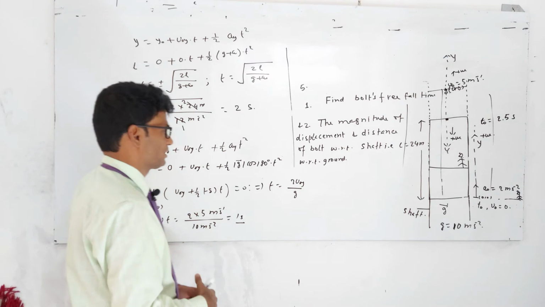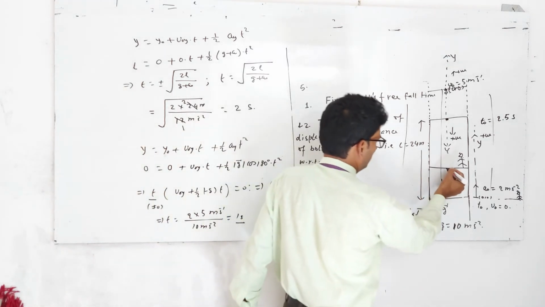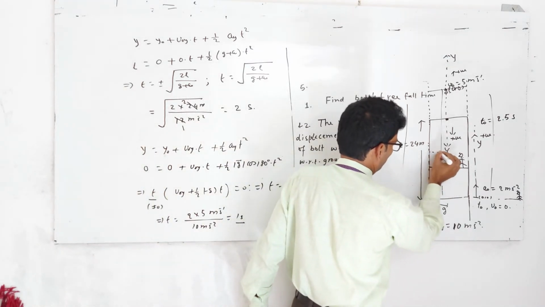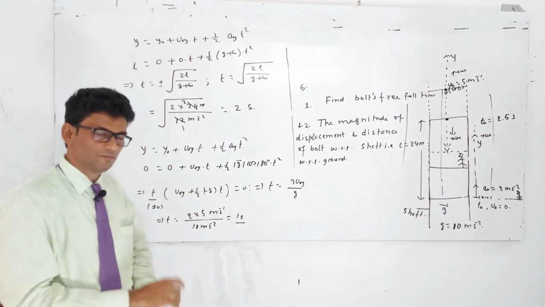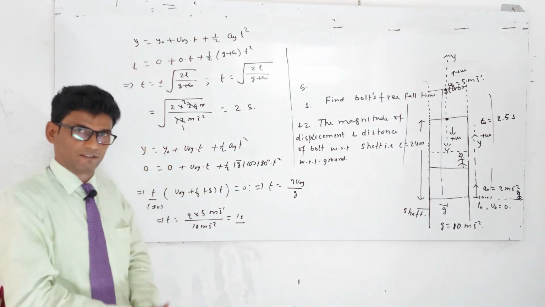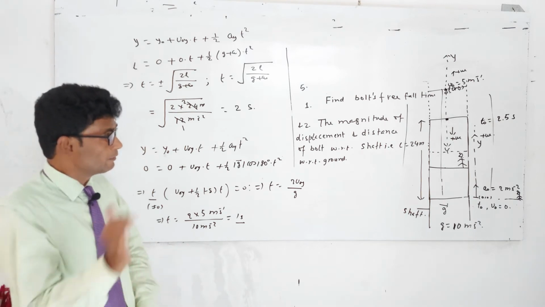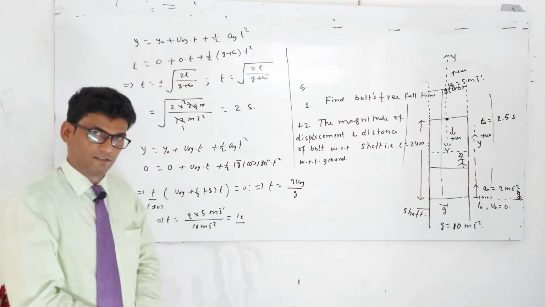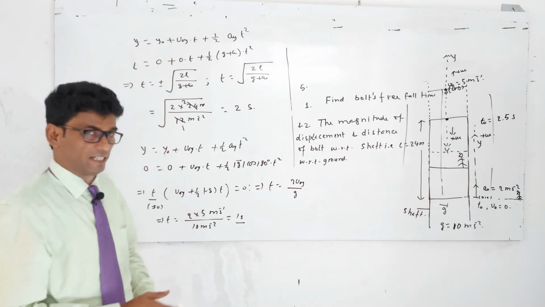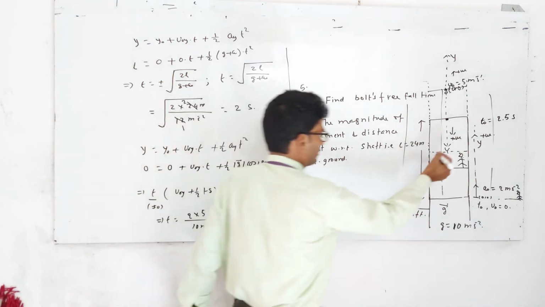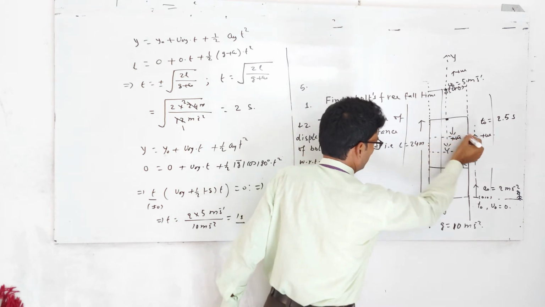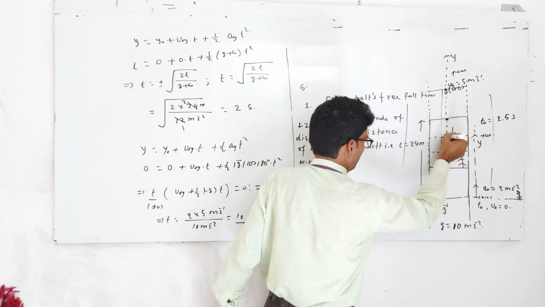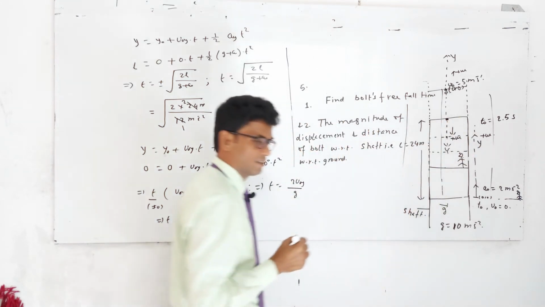So after 1 second, say the floor is somewhere here. After 1 second, bolt's free fall time is 2 seconds. Look at there. So in the next 1 second, this floor may come somewhere here and the bolt now strikes it. So it takes 1 second.